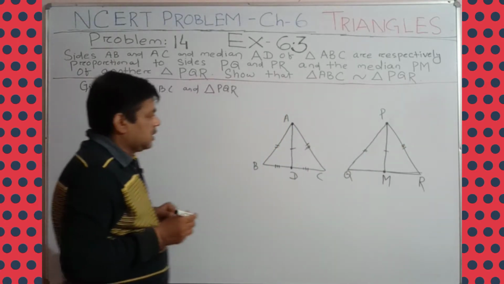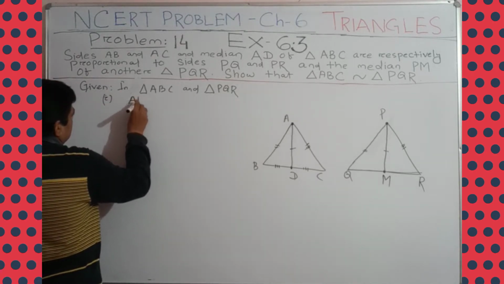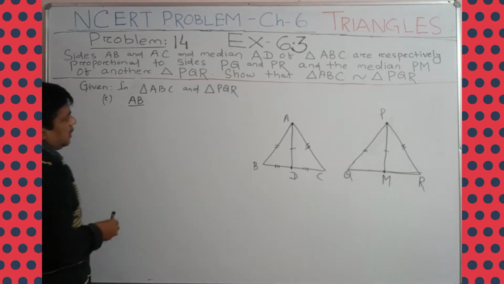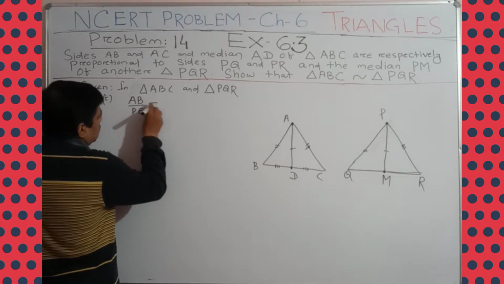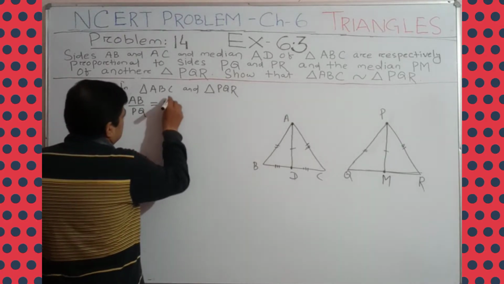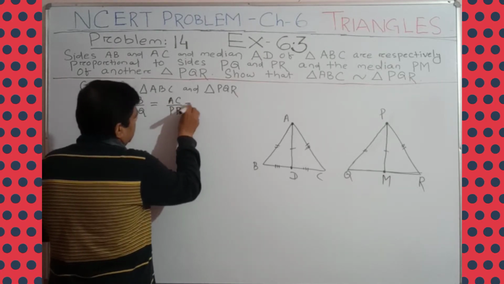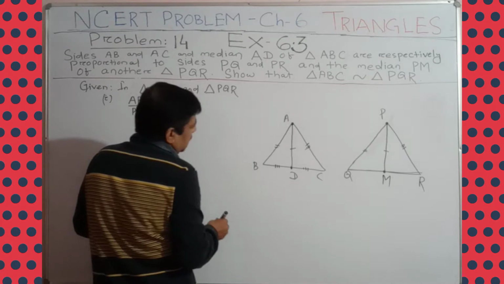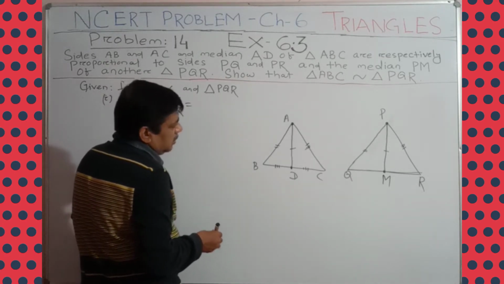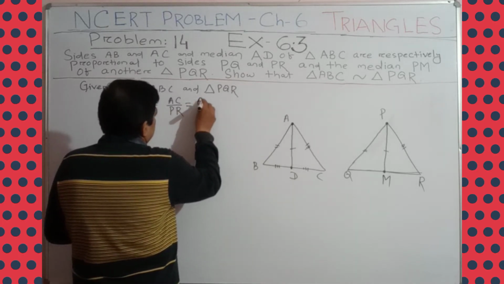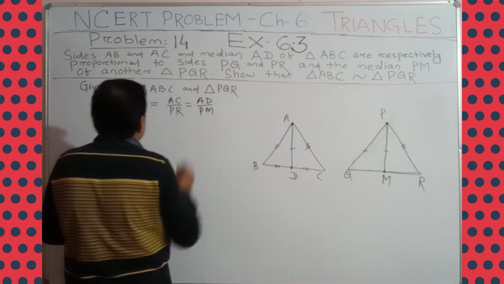So it is given that AB upon PQ is equal to AC upon PR, and also equal to AD upon PM. This is given.